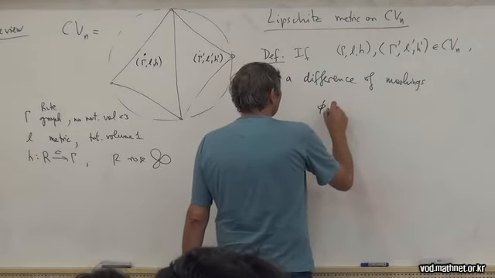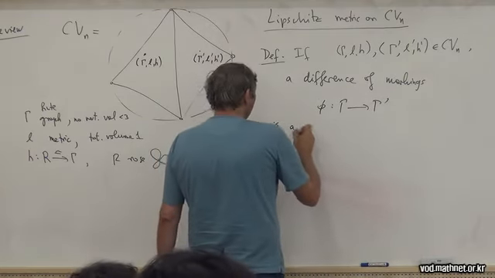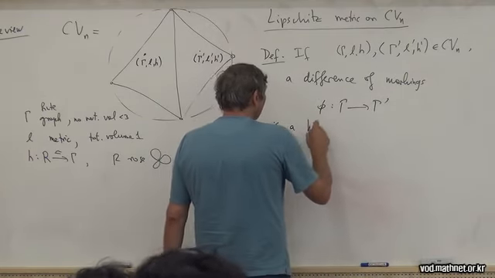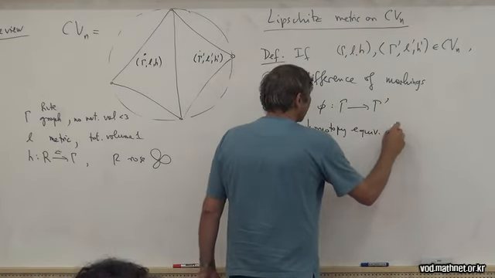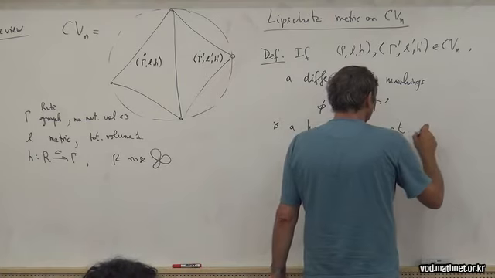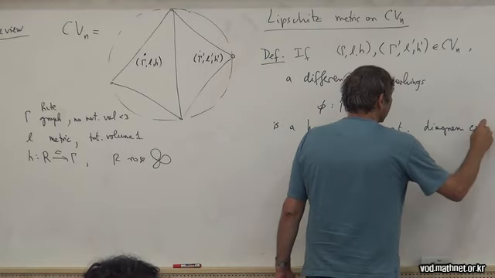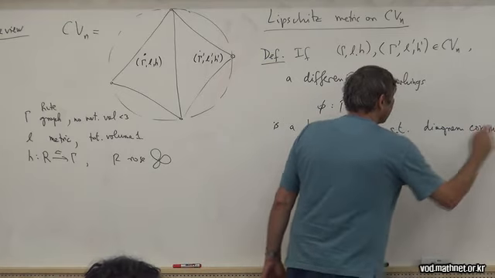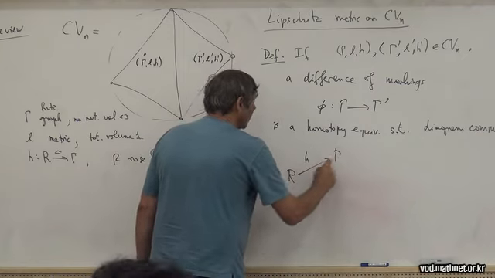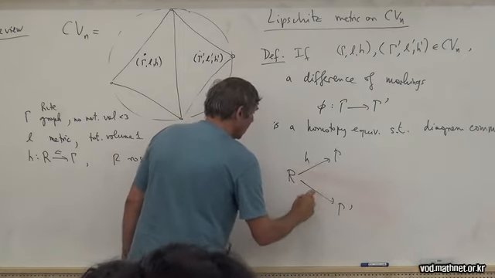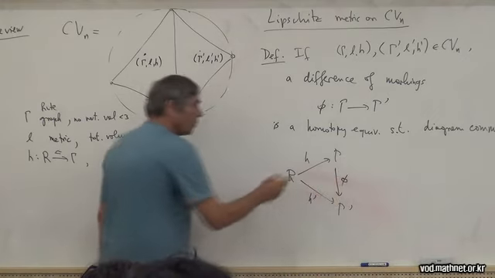Phi from gamma to gamma prime is a homotopy equivalence such that the diagram commutes. There is an obvious diagram here: you have the rose, and then you have markings that go to gamma and gamma prime. I want this map phi to commute with the markings.